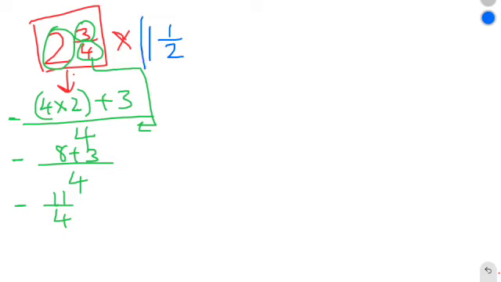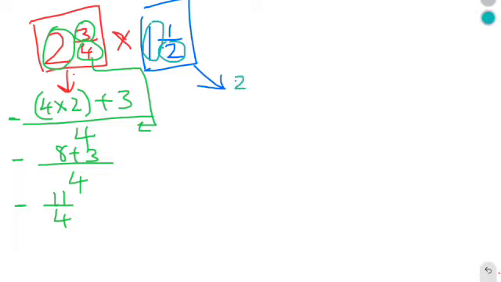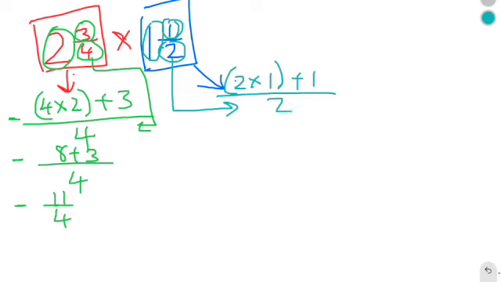And now if we convert this number into an improper fraction, it is this 2 multiplied by this 1 plus this 1, all over the denominator of 2.